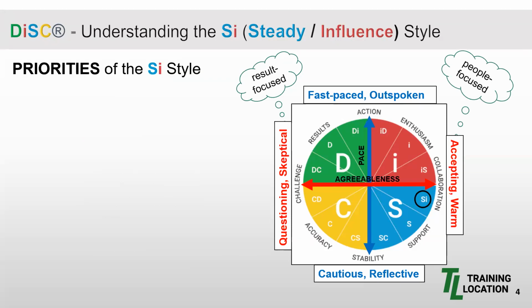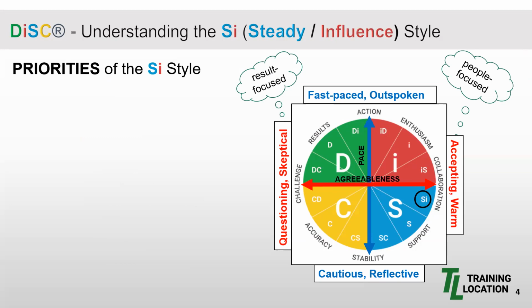Priorities, which are listed around the circumference of the model, are the primary areas where people focus their energy depending on their DiSC style. Everyone has at least 3, and some have 4 to 5. Having more than 3 is no better or worse. I'm sharing priorities from the Everything DiSC Workplace profile in this example.